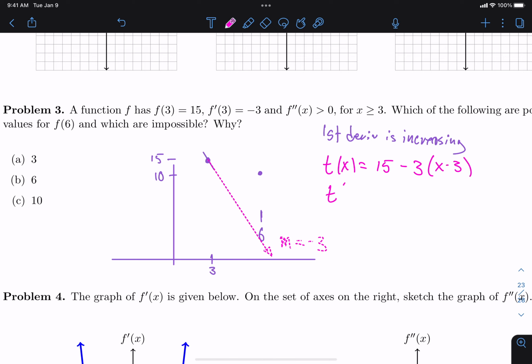Let's plug in t of 6, which will give us the height of this point here. I get 15 minus 3 times (6 minus 3), which is 15 minus 9, which is equal to 6. So this point here has height 6.